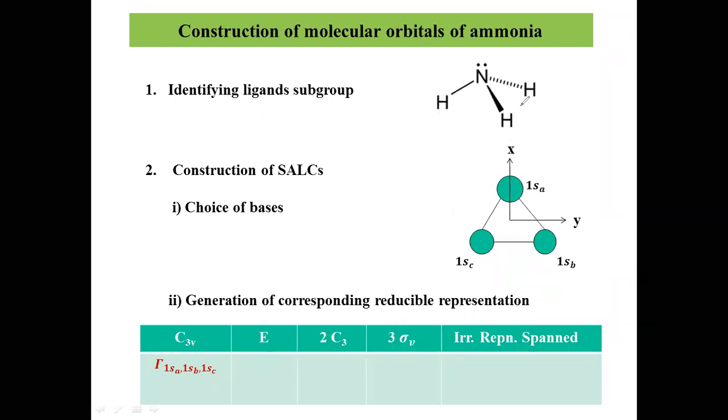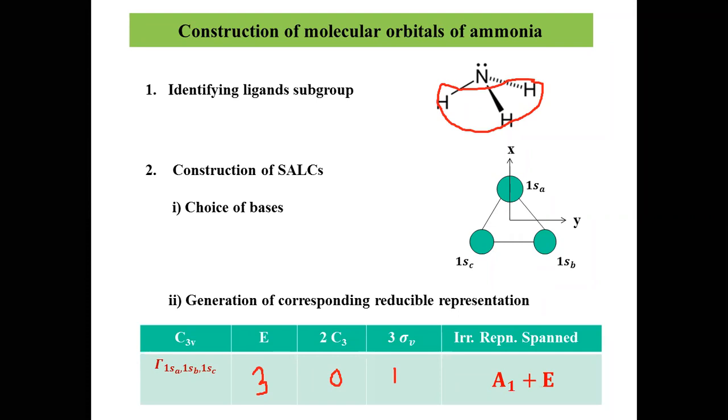We separated this out as a ligand orbital and took this basis, and we found that the reducible representation was something like 3, 0, 1. If we reduce this systematically, the reduction was A1 plus E. A1 is one-dimensional and E is a doubly degenerate representation.